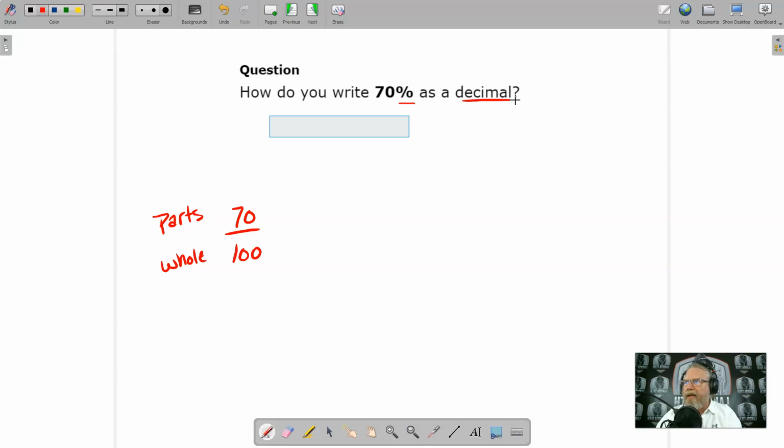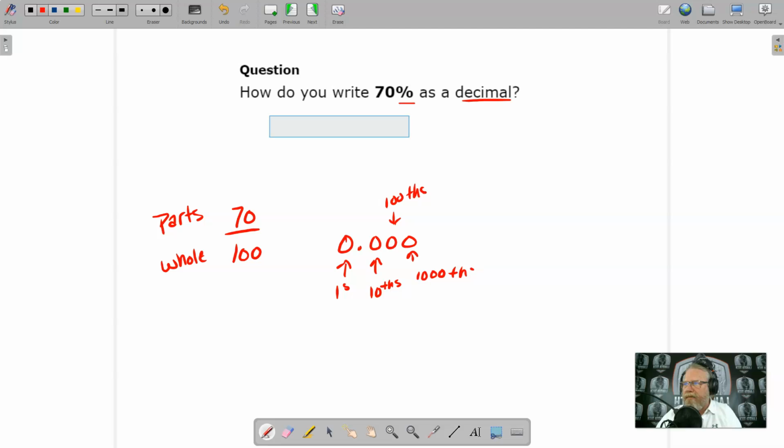Well, they want it as a decimal. So if we think about place value, here we have the ones place, here we have the tenths place, here we have the 100ths place, and here we have the 1000ths place.